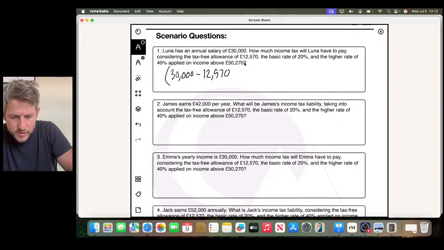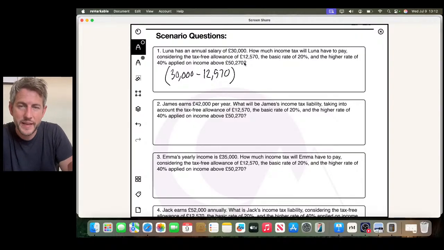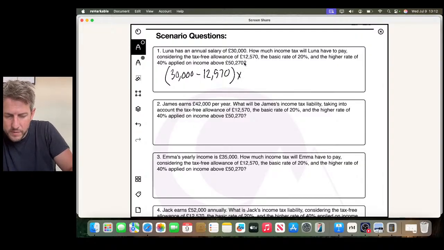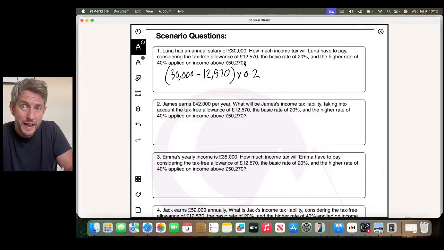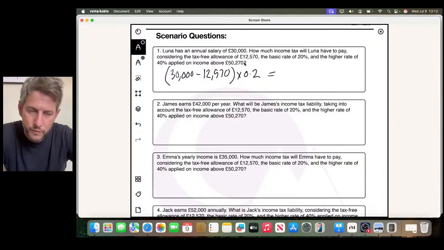This will be the amount of money that she has to pay tax on. And then the basic rate is 20%, and it's asking how much income tax she'll have to pay. So if we times this by 0.2, we'll get 20% of the money she has to pay tax on.